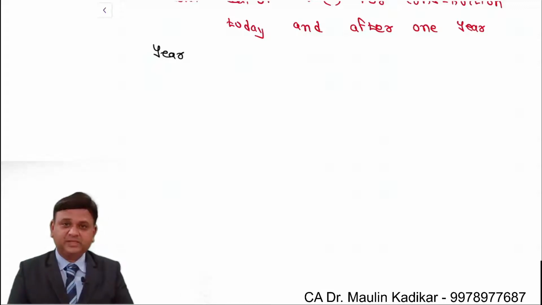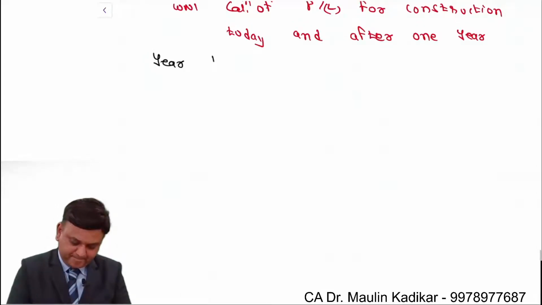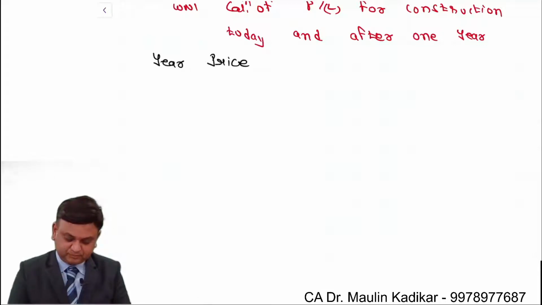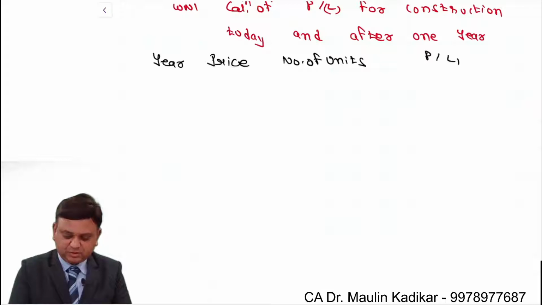So column number 1 is year, price, number of units, and profit or loss. That is what we will do.